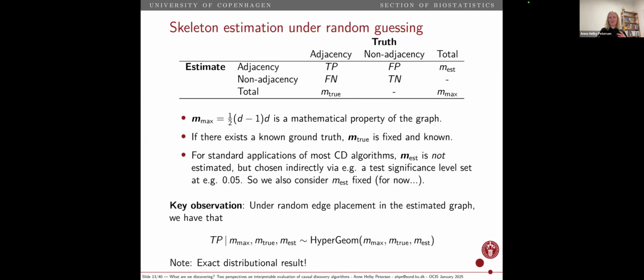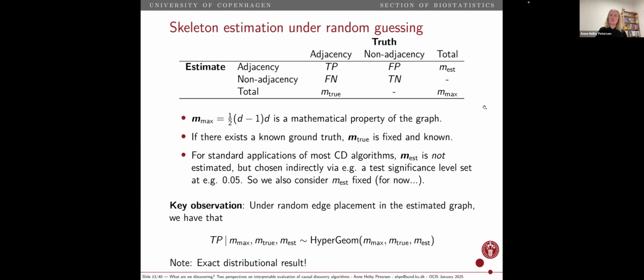Then the key observation in the article is simply that if we have random edge placement, so if we're randomly constructing a graph, well, then the number of true positives will follow a hypergeometric distribution with these parameters. This is an exact distributional result that comes simply from having this contingency table structure and conditioning on these totals.